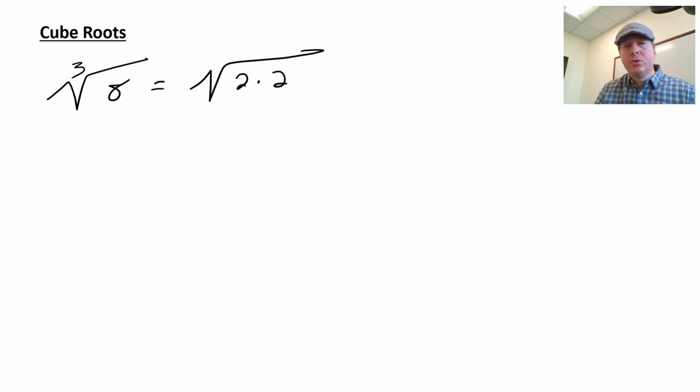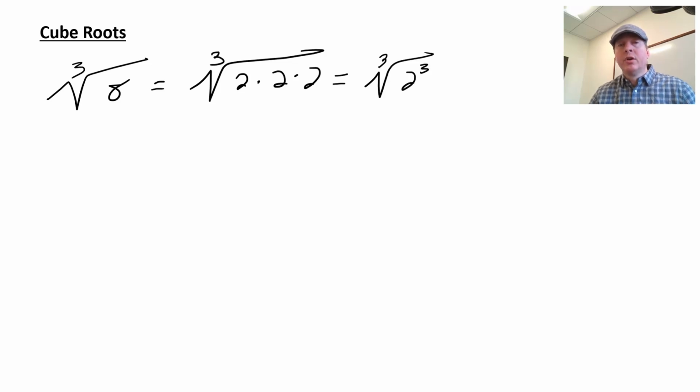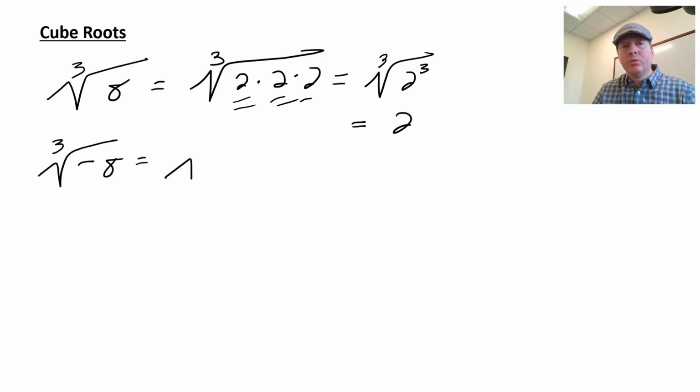A little more on cubed roots. The cubed root of 8 is 2 times 2 times 2. And I have to write the 3 in here. It is the cubed root of 2 cubed. The cubed root and the cubing cancel each other, so it is simply 2. You see a 2 appear 3 times, you pull it out once. The cubed root of -8 is the cubed root of -2 times -2 times -2.